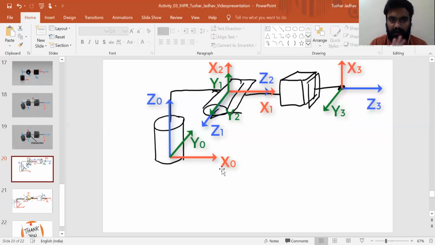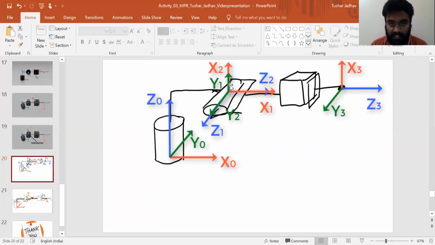So this is the final figure wherein we just have to add the y-axis according to rule number 4. So z0, x0, y0, then z1 coming out of the page, x1 and y1, which is perpendicular to both the axes. Here we have to follow the right-hand thumb rule.